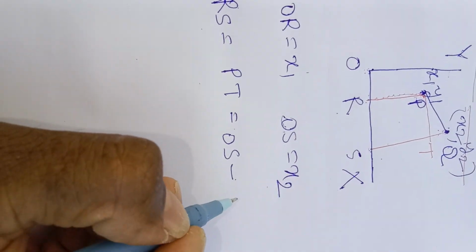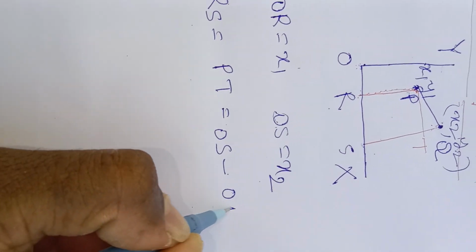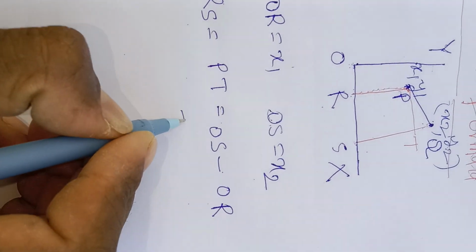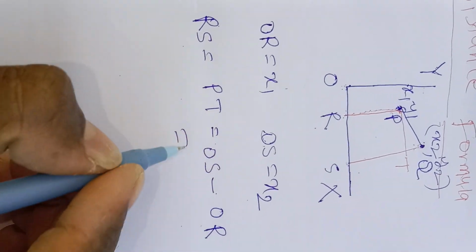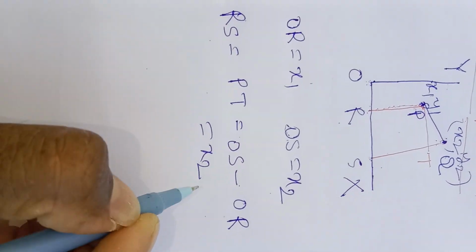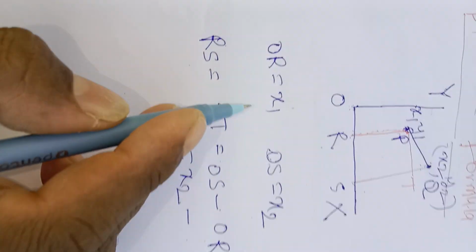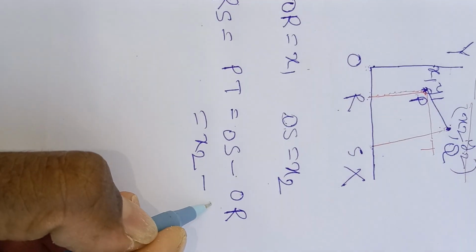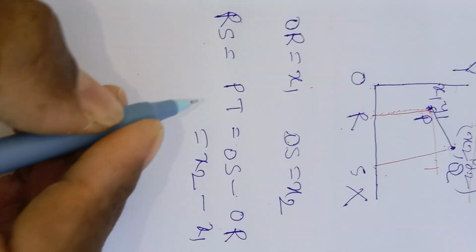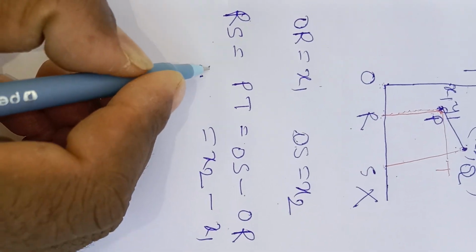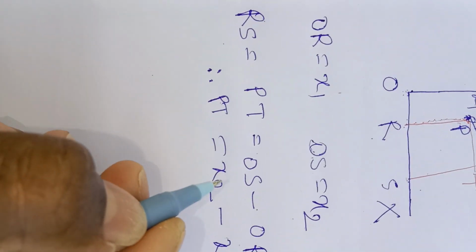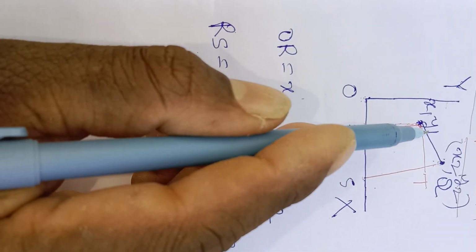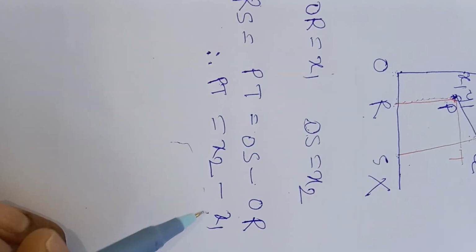OS minus OR equals RS. Substitute the OS value x2 and the OR value x1. Therefore, PT distance equals x2 minus x1.